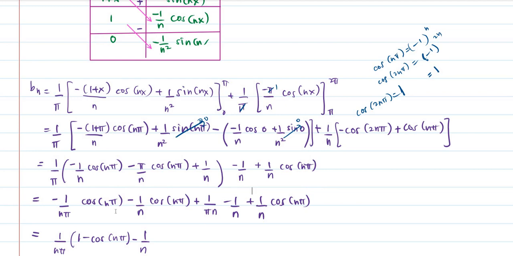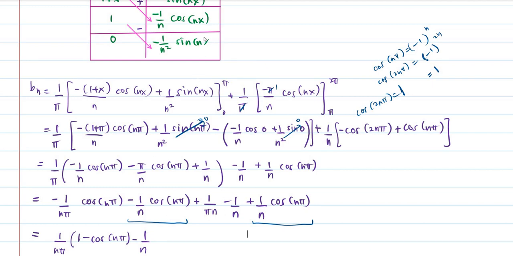This one, because we can simplify the pi, that's why we have 1 over n. Negative 1 over n plus 1 over n cos n pi, and it will be 0 for this part. Negative 1 over n cos n pi plus 1 over n cos n pi can be cancelled out, equal to 0. So we are left with 1 over n pi, 1 minus cos n pi, minus 1 over n. This is our Bn.